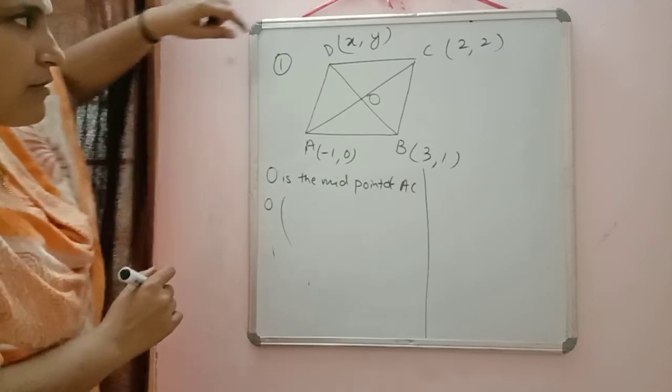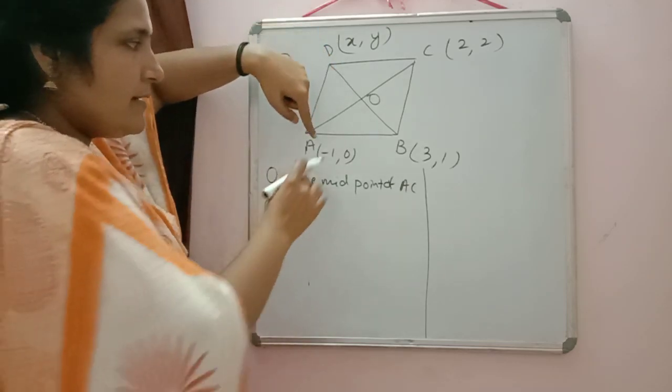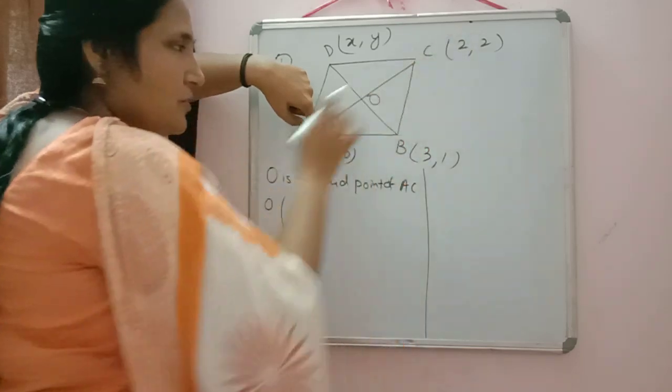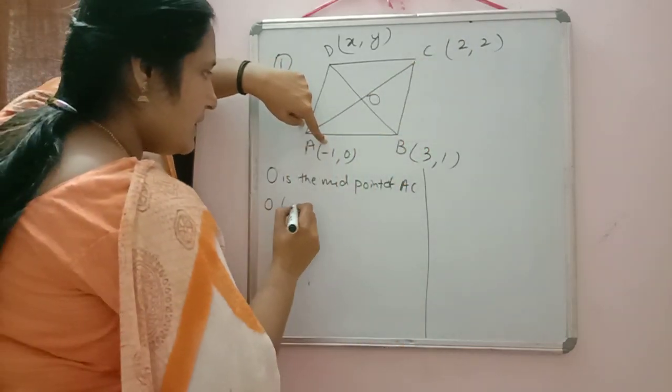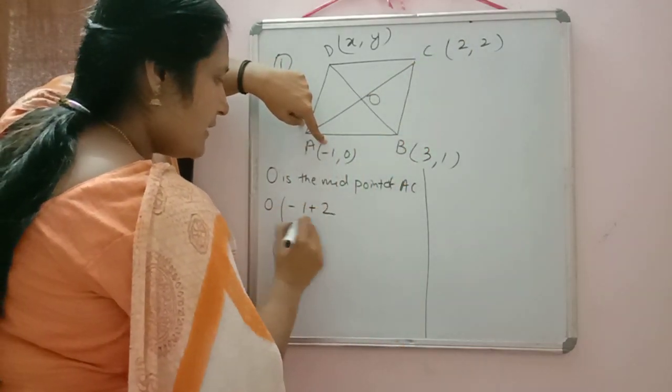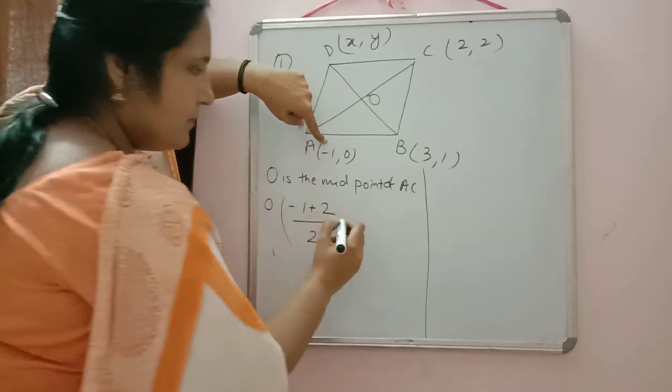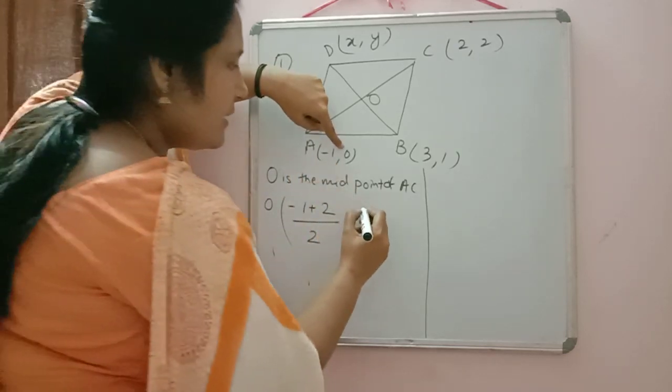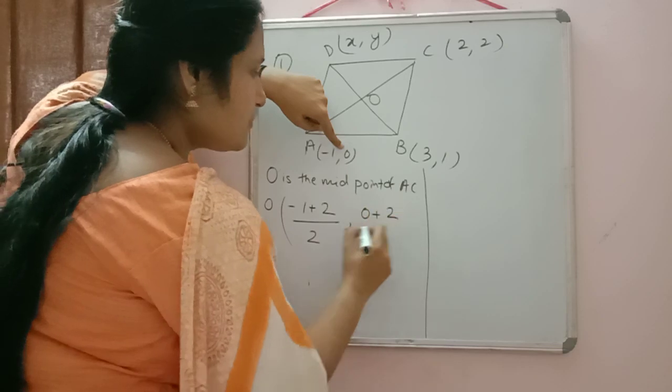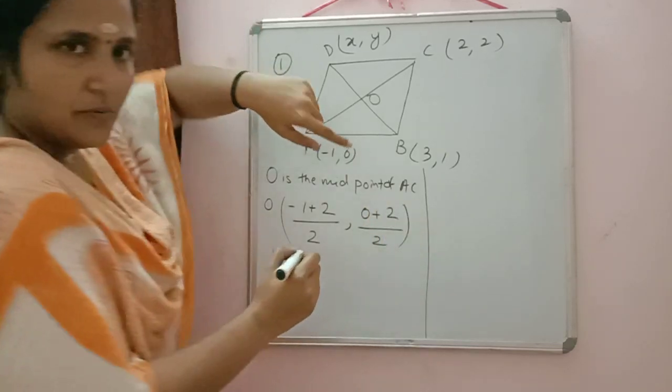If we wrote this one, it means we know that we are going to use the concept of midpoint. So according to the formula, what will be the midpoint? (x1 plus x2) divided by 2. So it will be equal to (-1 plus 2) divided by 2. And the y coordinate will be equal to (0 plus 2) divided by 2.